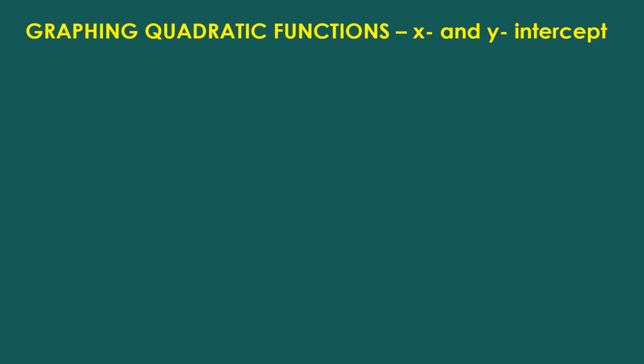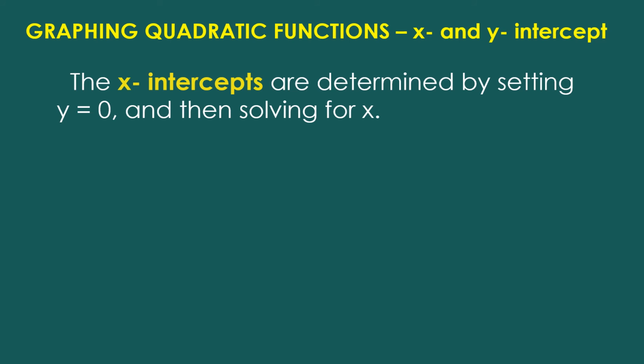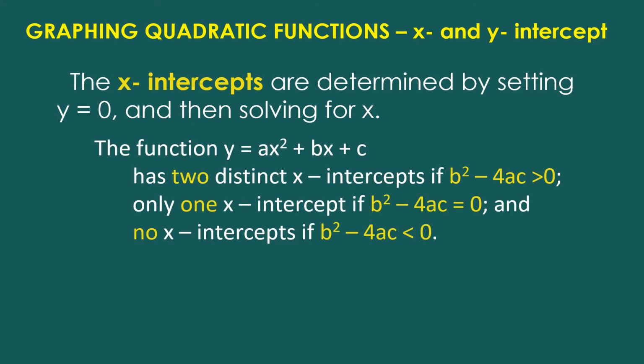Now, let us identify how do we find the x and the y-intercepts of a quadratic function. The x-intercepts are determined by setting y equals 0 and then solving for x. The quadratic function y equals ax squared plus bx plus c may have two distinct x-intercepts if b squared minus 4ac is greater than 0.